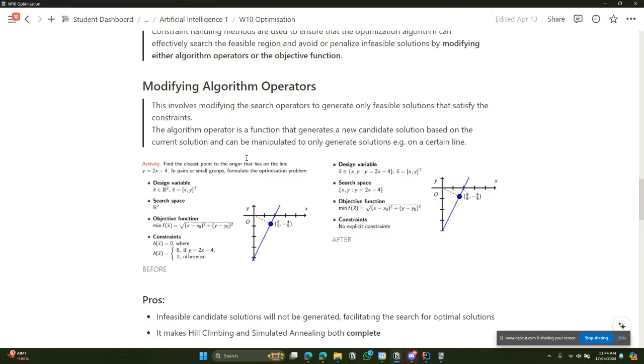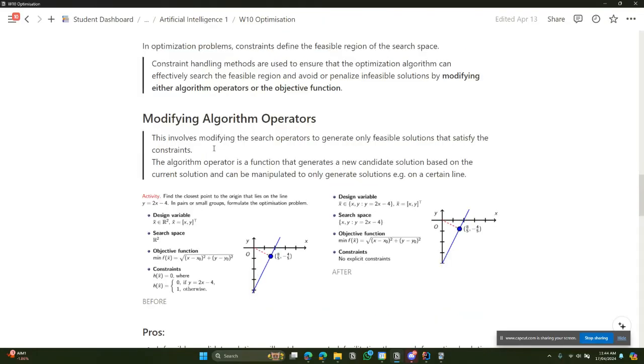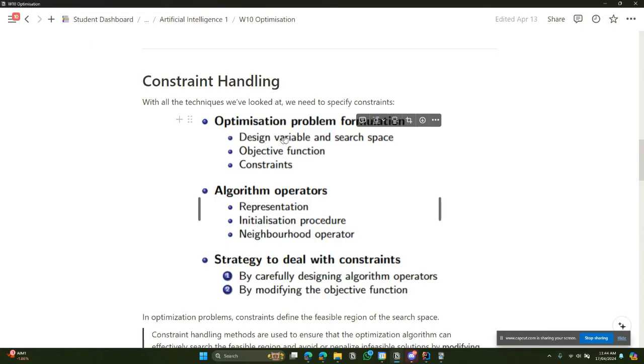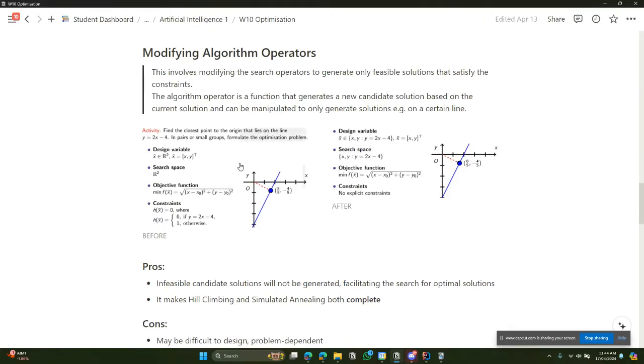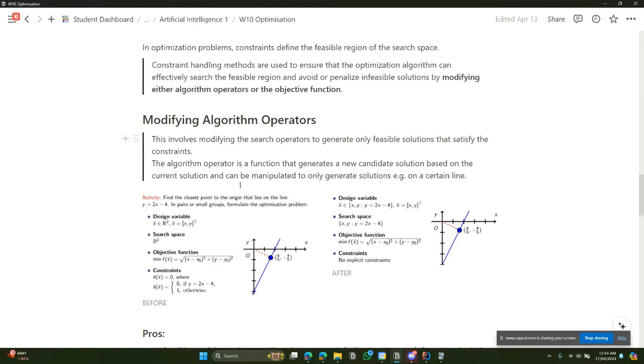An easier way I like to think about it is, instead of modifying the algorithm operator, you just modify the search space, which is effectively what we're doing here. The algorithm operator is a function that generates a new candidate solution based on the current solution. We want to generate solutions that are going to be valid. We want to avoid generating a solution just for the constraints to tell us, actually, you can't have that one.